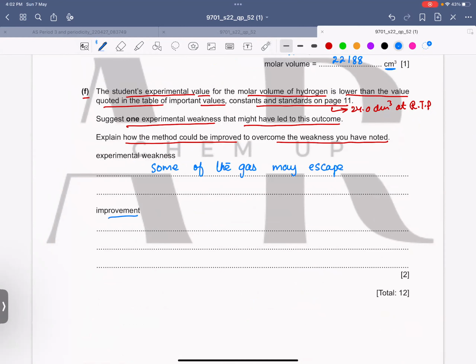Now, how would we improve this? The improvement would be that we make sure that the reagents don't mix, and stay separated until it is sealed.